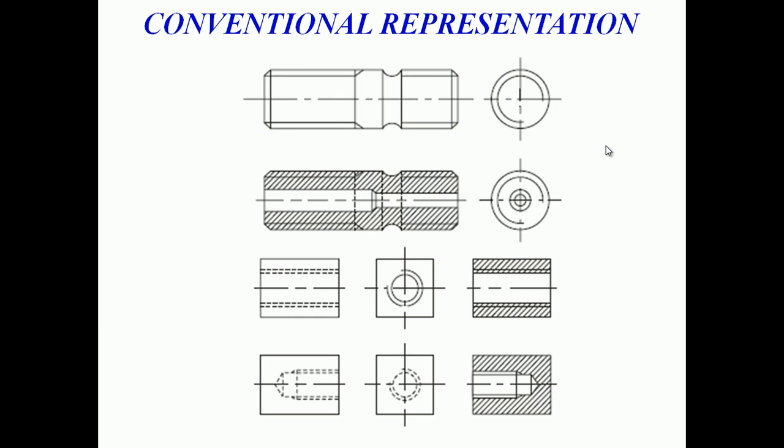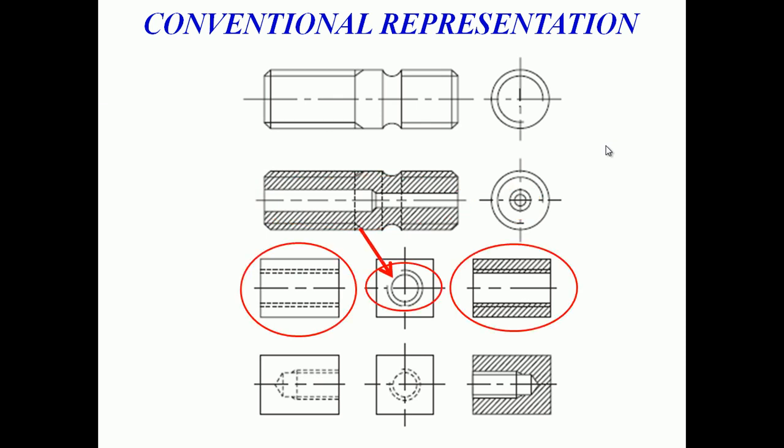If we come to the next diagram, it's a sectional view, and it has an external thread, and also two holes in the center with various diameters. You can see that hole, clearly mentioned there.